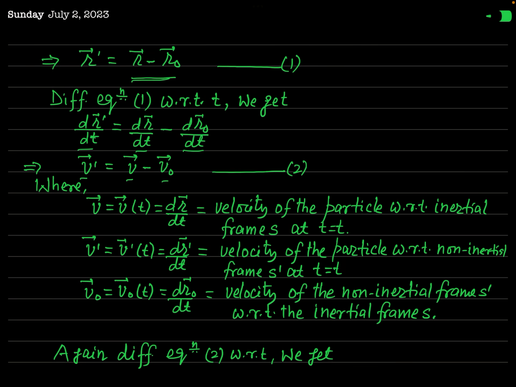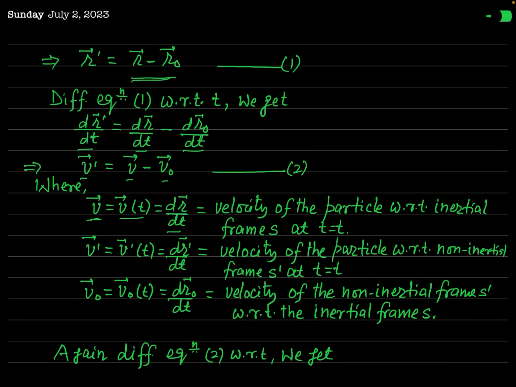Now let us see what is this v. V is the velocity of our particle at time t. So I have written it here v of t. It means this velocity is time dependent, or this velocity is at time t, and this equals dr by dt.